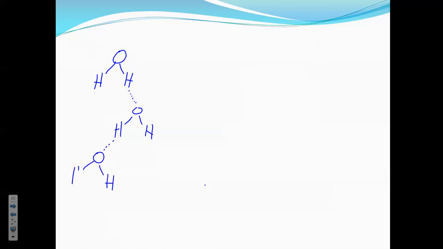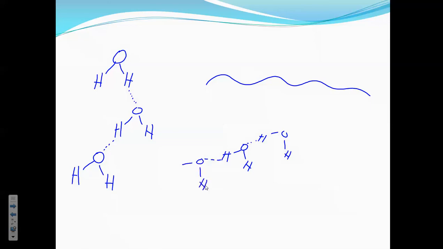Okay, so let's say if this is a pond, and here's the surface of the pond water. So you've got water molecules down here, and they're hydrogen bonding to other water all around them. So this is hydrogen bonding.